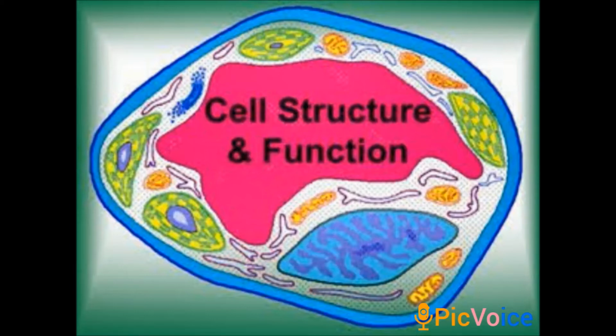Okay, first cells join and form a tissue, and then tissues join together and form organs, and then these organs join together and form an organism. Clear, children?